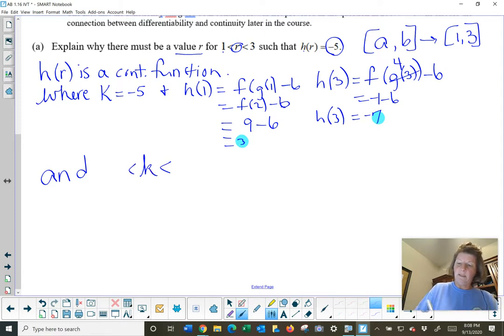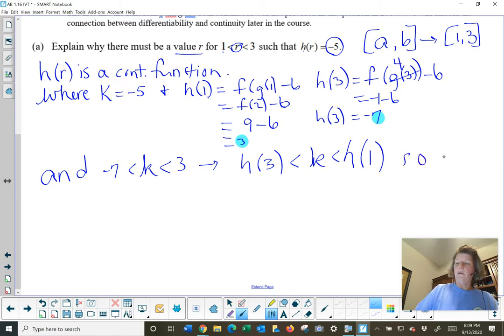Negative 7 and 3, which means I have H of 3, which is less than K, which is less than H of 1.